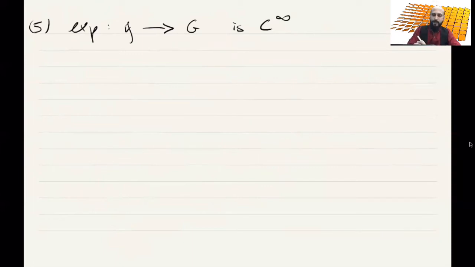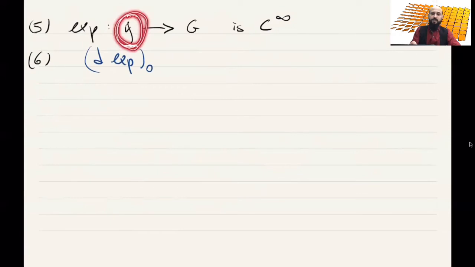An easy calculation, but very important, is the differential of the exponential map at 0, which is a map that goes from the tangent space at 0, which, since this is a vector space, is the Lie algebra g, to the tangent space at the identity of G, which is the Lie algebra in one of our identifications.